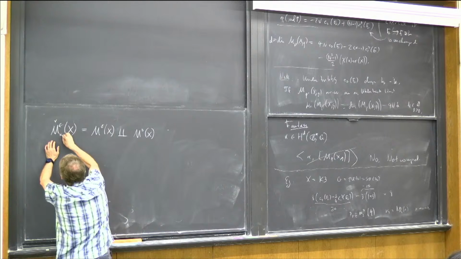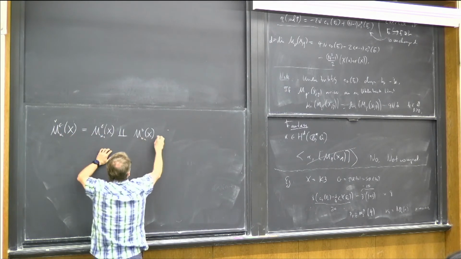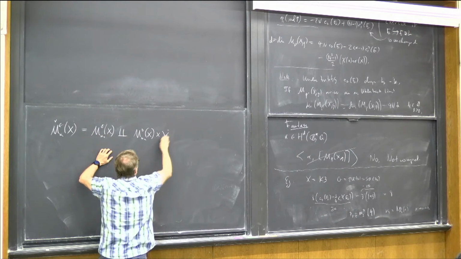So there's some w2 here, which is fixed, and then times X.